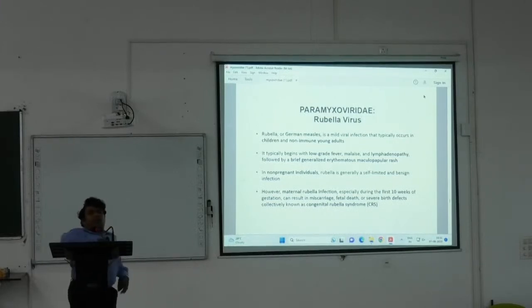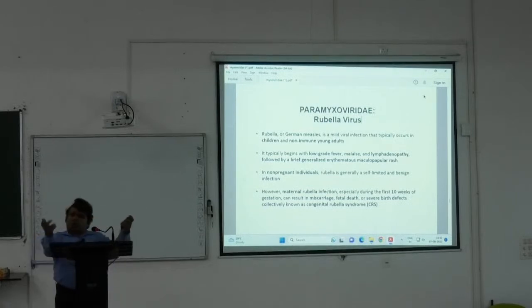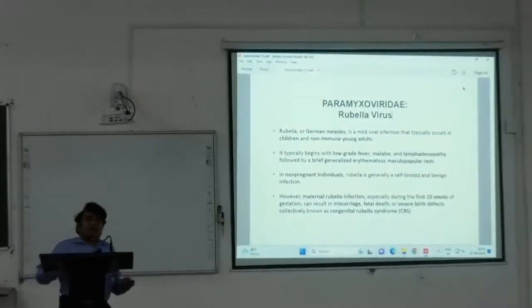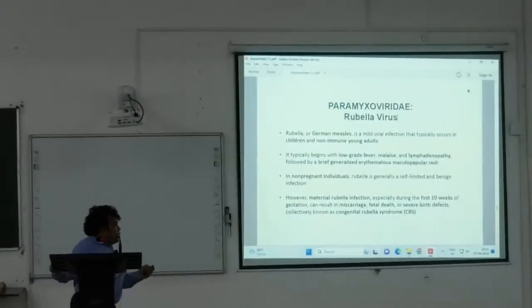So in children, rubella infection occurs. Most of the time resolution occurs and the humoral immunity is enough to produce lifelong immunity. Even in non-pregnant adults or women who are not pregnant, it does not cause severe infection.